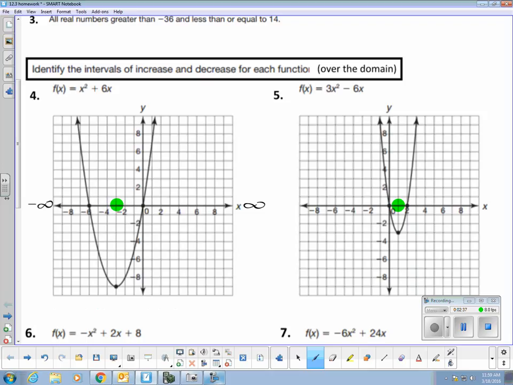So from negative infinity to -3, not including that point, the function is decreasing, and then from -3 to positive infinity, my function is increasing.